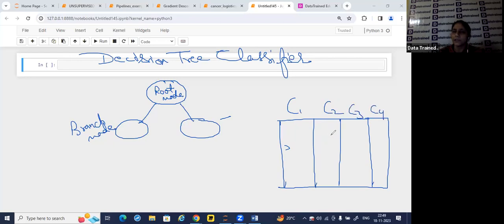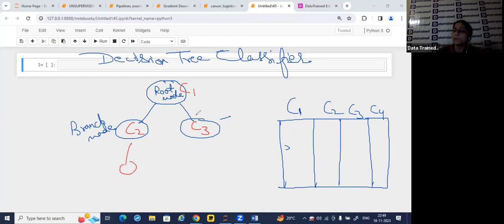Inside the data set we have columns. So which column will come in the root node, and which column will come in a branch node or sub-branch node?